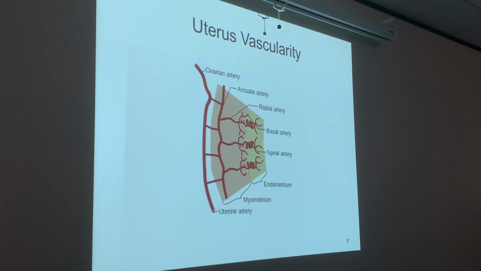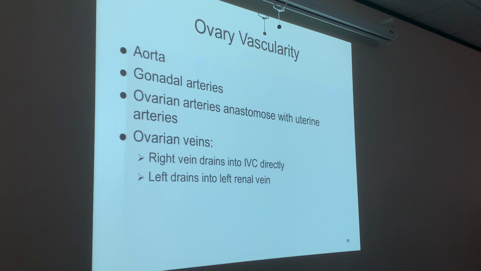The straight branches off into the spiral. So the zona functionalis is right after the spiral artery. The spiral arteries are in the functionalis.